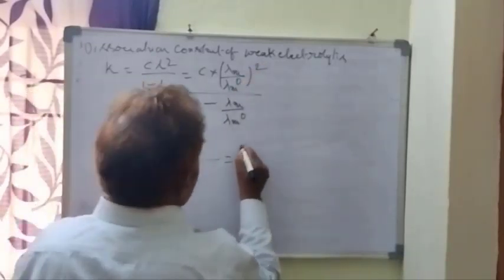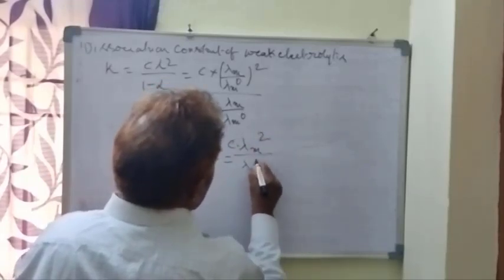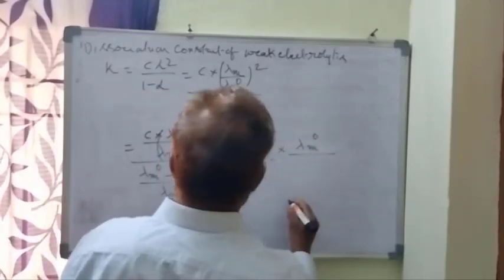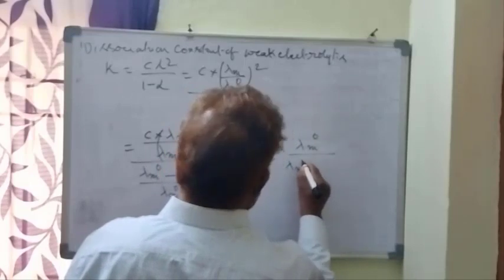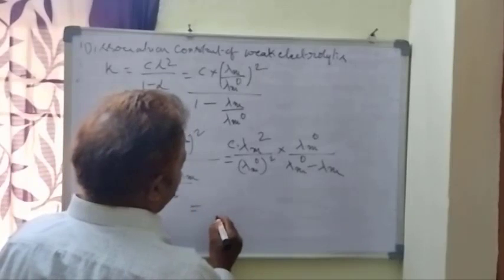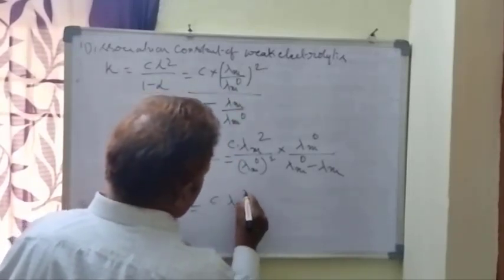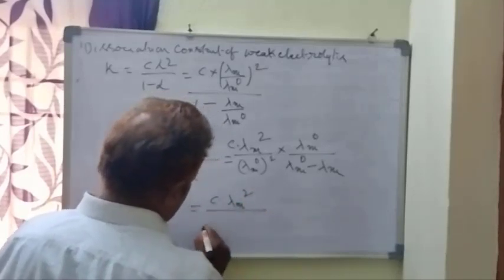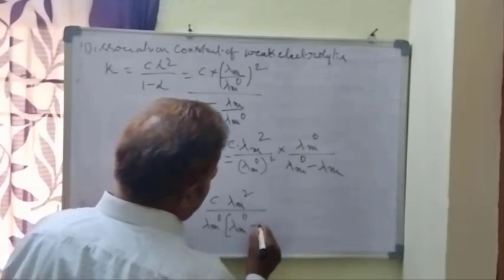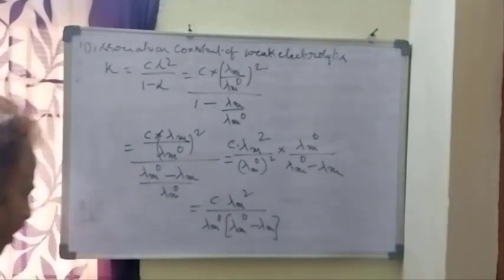So this can be written as C into lambda m square by lambda m naught whole square, into lambda m naught by lambda m naught minus lambda m. So here this gets cancelled. Finally, what do we get? C lambda m square by lambda m naught into lambda m naught minus lambda m. So this is the dissociation constant of weak electrolytes.